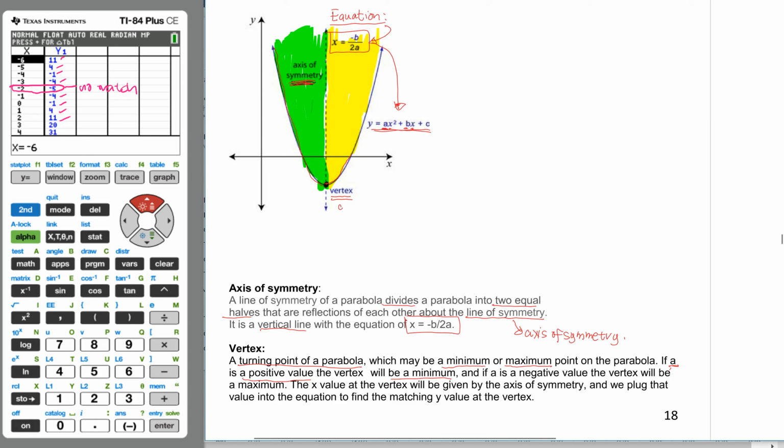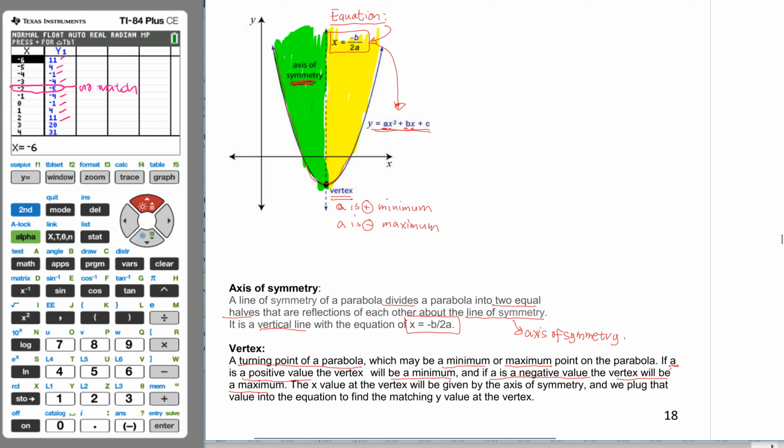So here, if a is positive, it means it has a minimum. Now if a is a negative value, then the vertex will be a maximum. So if a is negative, then it means it has a maximum.